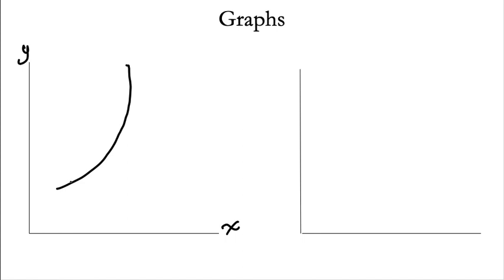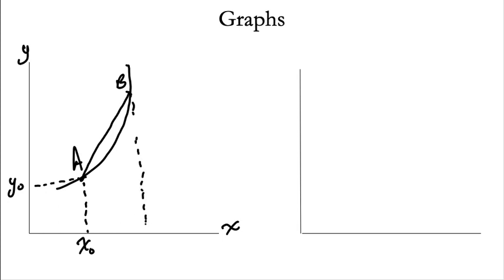We call that point A, and at point A we have x naught, and here we may have y naught. Then we draw a line that connects point A to another point to the right on the curve. Let's call it B.